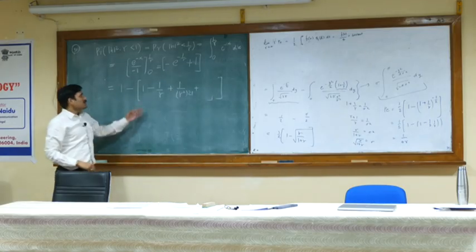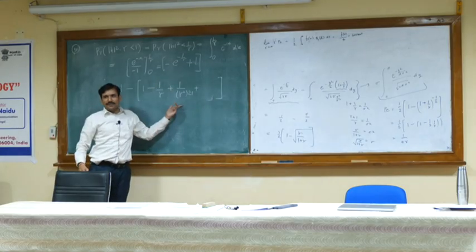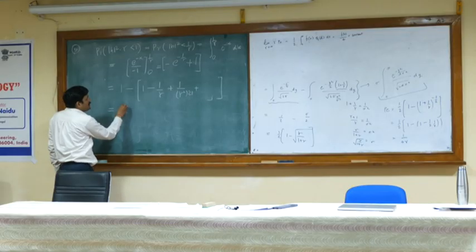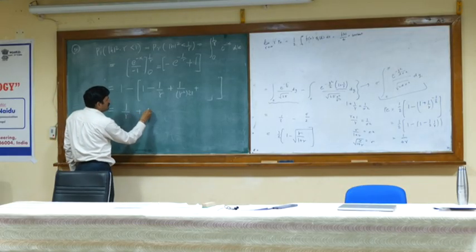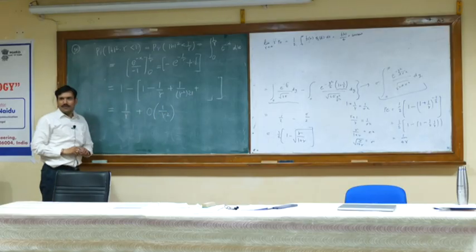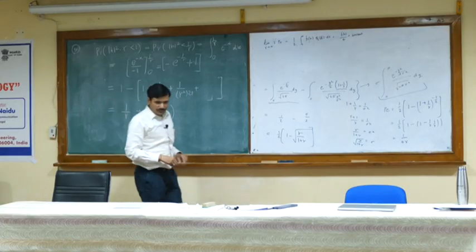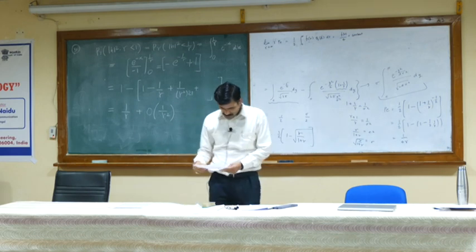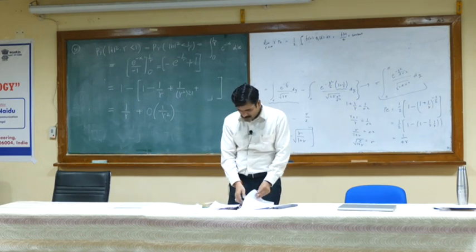So we expanded this exponential into a series. What we get is 1 over gamma plus some term based on 1 by gamma square. So this is the solution for the 5th question.